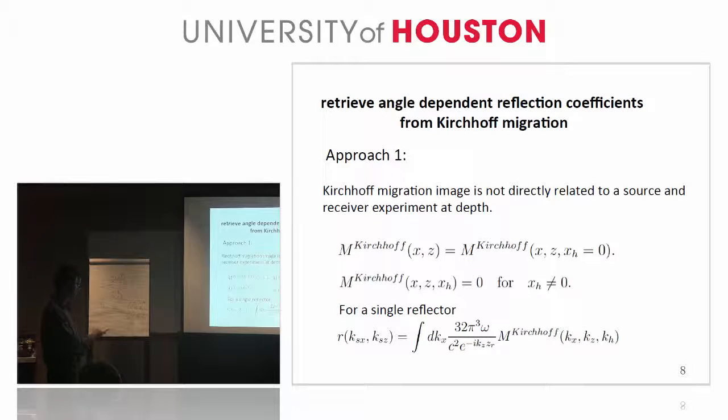First we interpret the Kirchhoff migration as if it's a subsurface experiment, and then due to causality, we can have the Kirchhoff image with subsurface offset, which is equal to 0 when x is not equal to 0. And now we have an interpretation of the Kirchhoff migration as an experiment at the subsurface.